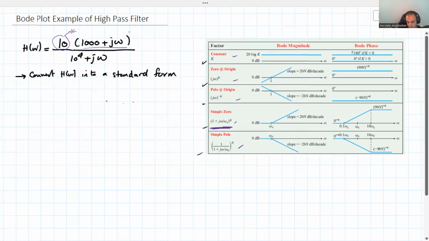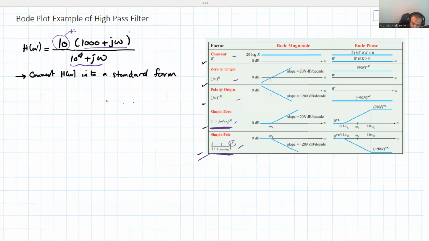But the problem is it's not 1, it's 1000 plus j omega. And this guy here looks like this one. It is in the denominator. It has a power, here is n, here is 1, that's fine, or n equal to 1. But again, it's 1 plus something. Here it's 10 to the power of 4, 10,000 plus something.